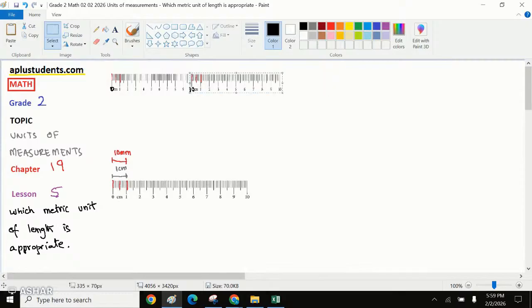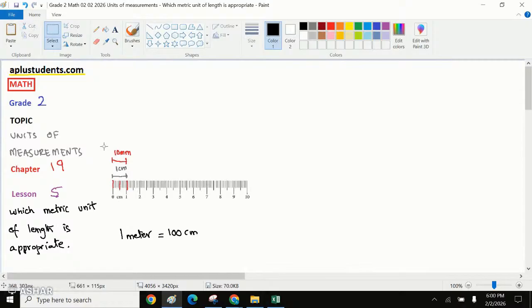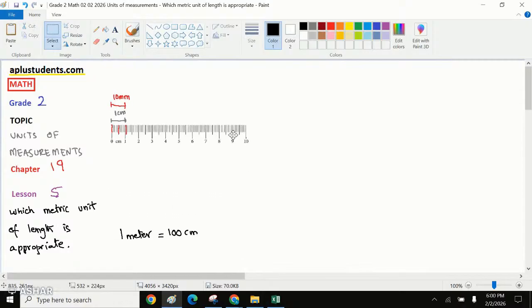This would be 20 and so on. That means 1 meter equals 100 centimeters. That means meter is the biggest measure. Do we agree? So 1 meter would be 100 centimeters.